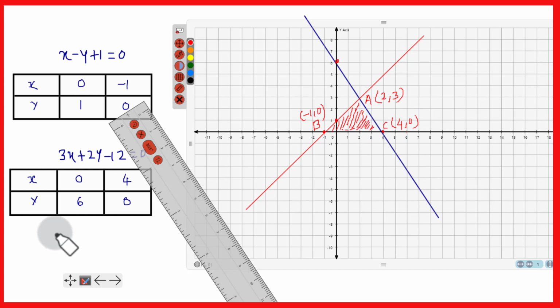So here on your answer paper you have to write these coordinates: A is 2, 3, B is minus 1, 0, and C is 4, 0. So these are the required 3 coordinates, and here we complete the answer.